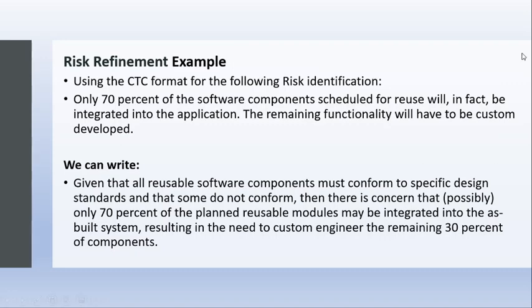Then we can see this with a simple example. Using the CTC format for the following risk identification, that is only 70%. Just as we discussed, 70% of the software components scheduled for reuse will in fact be integrated into the application.